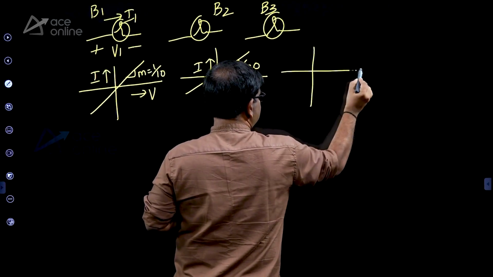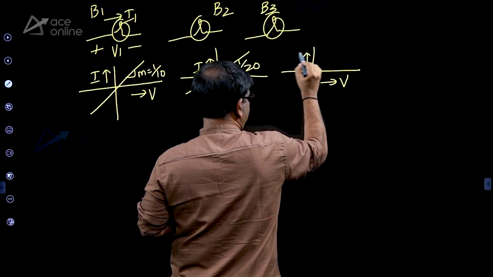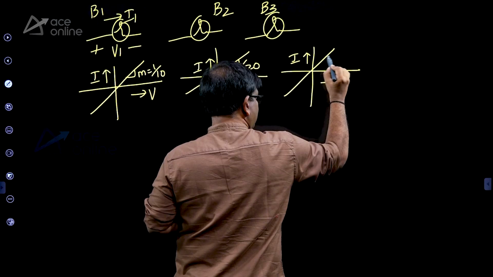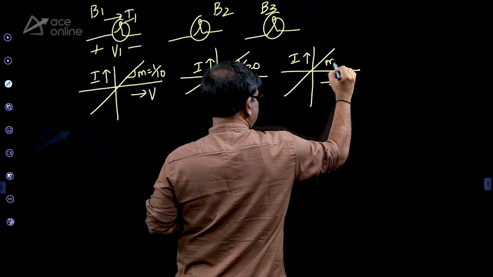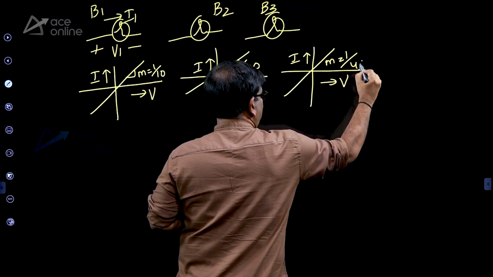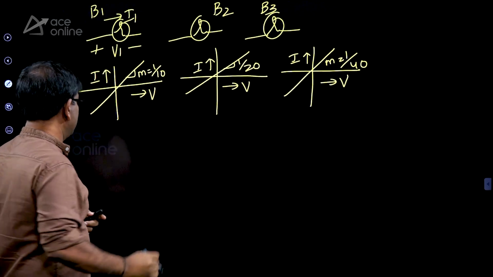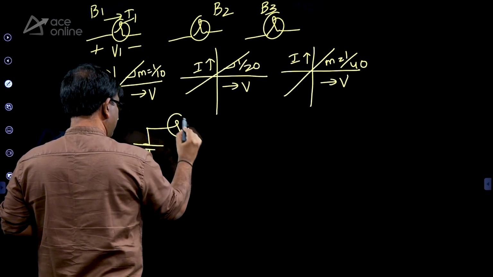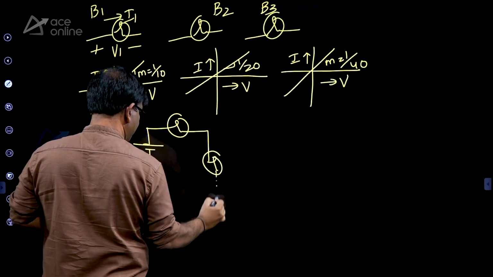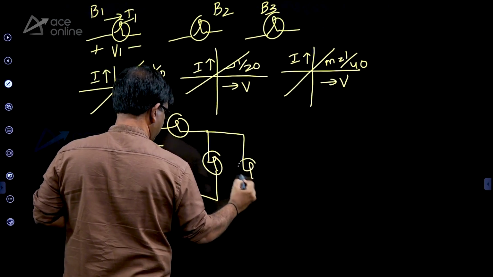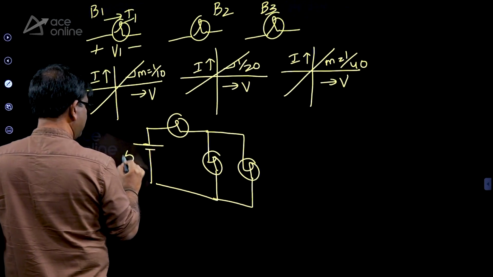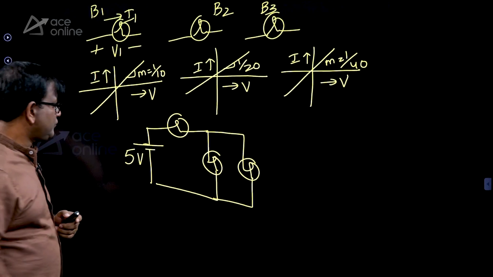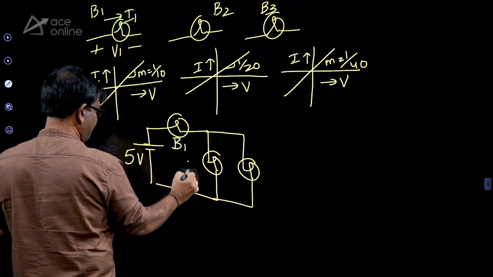The VI characteristics of this bulb has a different slope, say 1 by 40, right? Now what happens if somebody connected bulb 1, bulb 2 here, bulb 3, this is B1, B2 and B3.